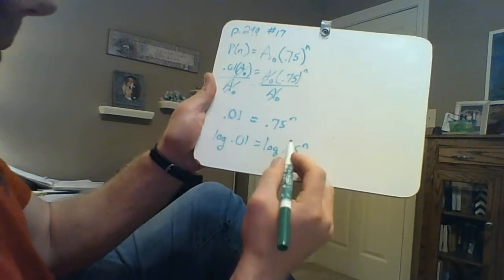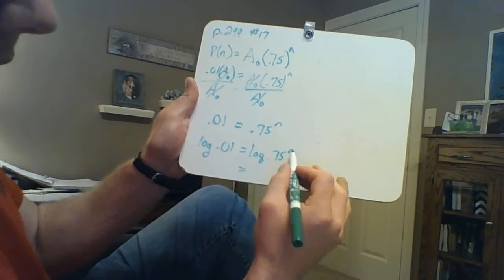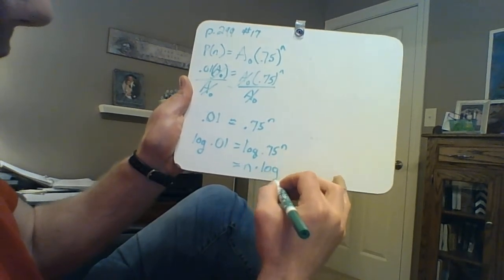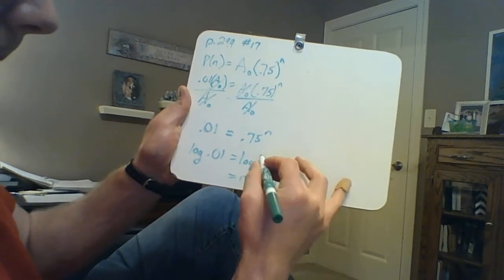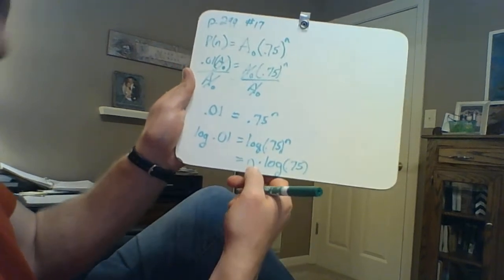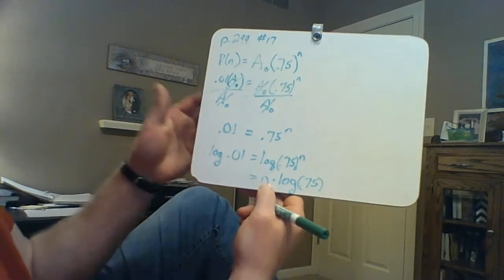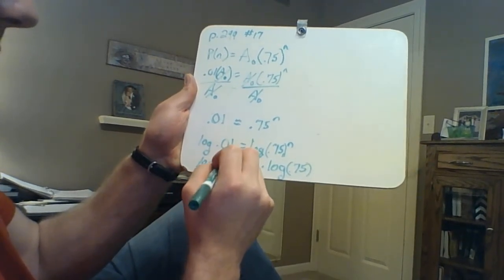But there's a log rule that says any exponent can be pulled down to the front like this. So that n, we can take down and put as a coefficient in front of that logarithm, 0.75.